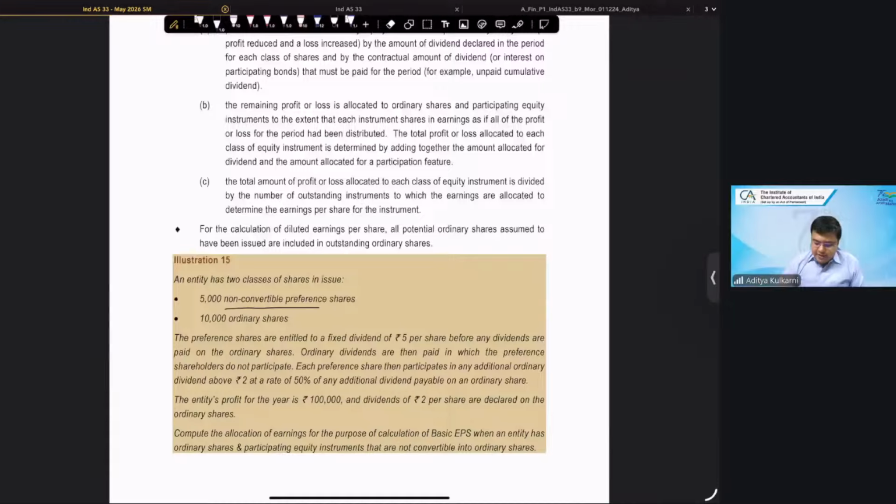The preference shares are entitled to a fixed dividend of rupees 5 per share before any dividends are paid on the ordinary shares. So from the total available profits, 5 rupees per preference share goes to the preference shareholders. So can I say that this has to be deducted when I arrive at net profit attributable to equity shareholders? Yes, sir. Agreed? This is a distribution that needs to be made to the preference shareholders, right?